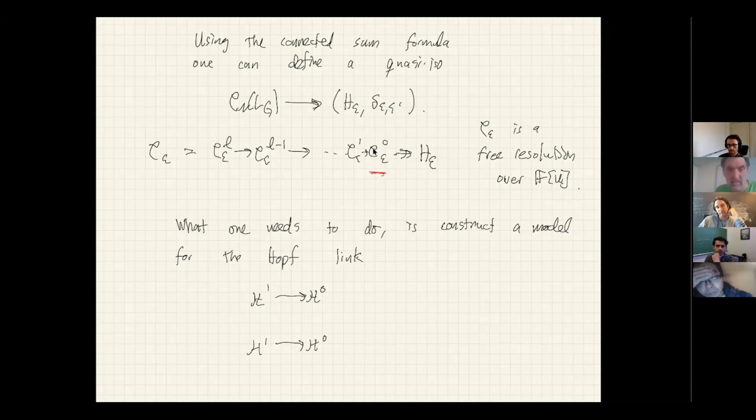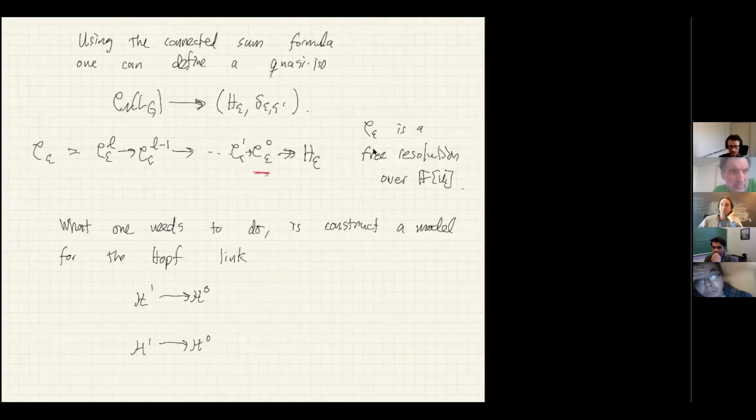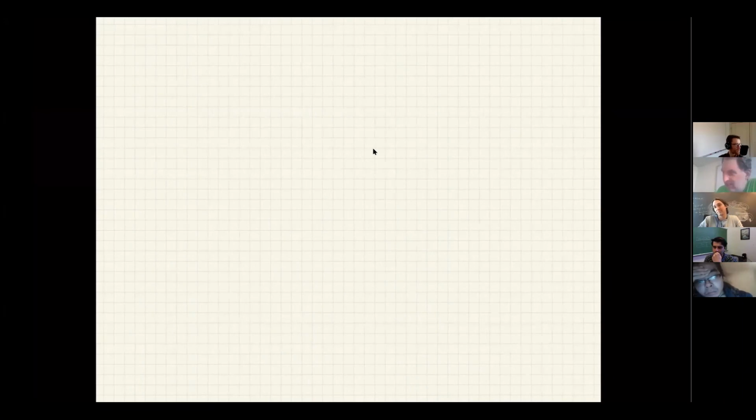I see. Thank you. Another question, in the connected sum formula, what is the A-infinity algebra? Yeah, so there's an algebra that one can work with.